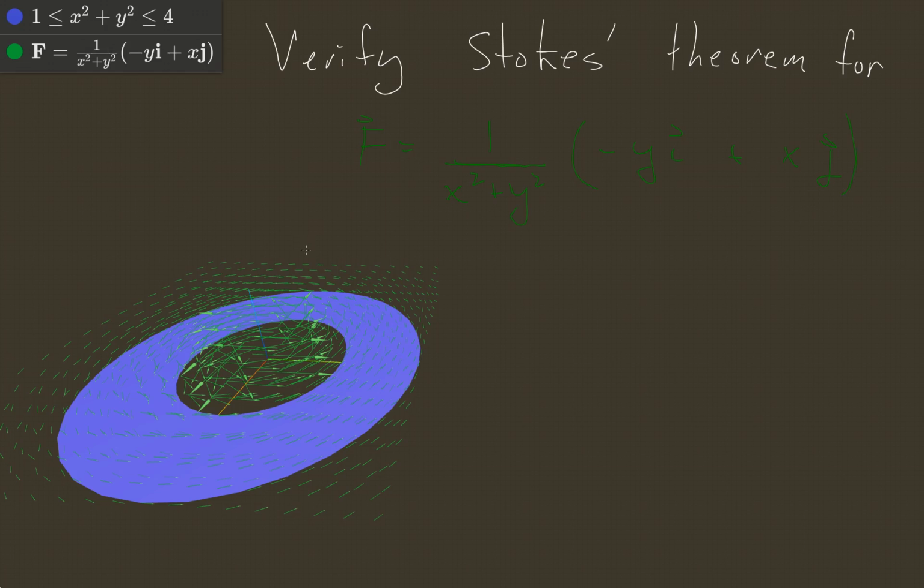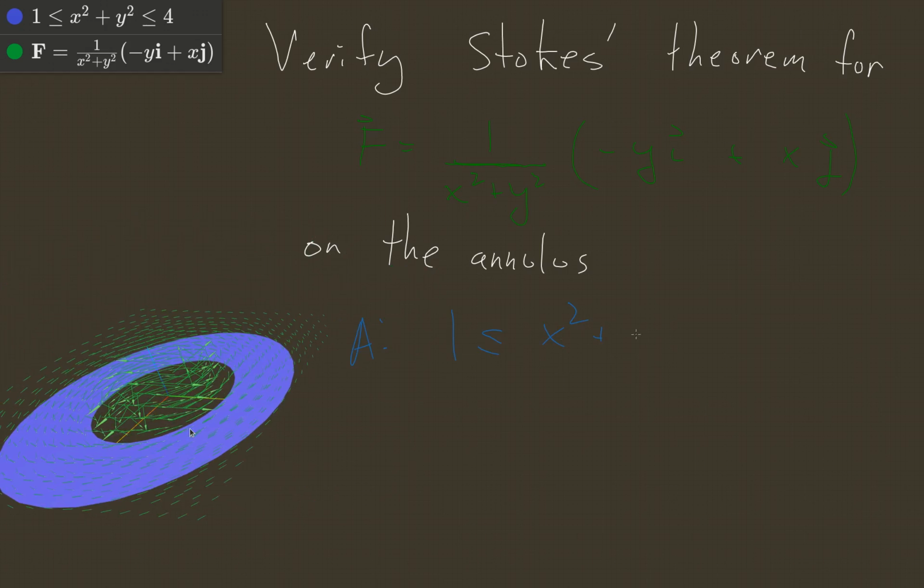But then our surface will be the annulus, or ring, A, where 1 is less than or equal to x squared plus y squared, less than or equal to 4. So we've got an inner radius of 1 and an outer radius of 2.